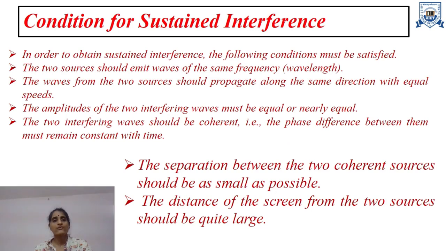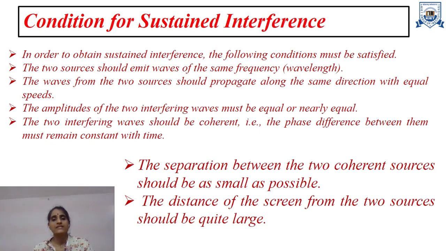The first and foremost condition is that the two interfering waves should be coherent. That is, the phase difference between them must remain constant with time. The sources should emit waves of the same frequency, and the waves from the two sources should propagate along the same direction with equal speeds. The amplitudes of the two interfering waves must be equal or nearly equal.